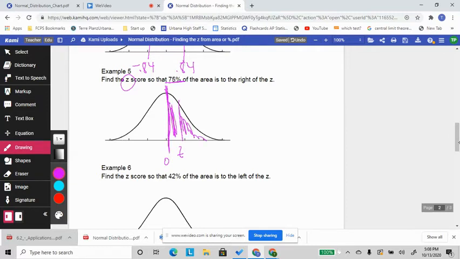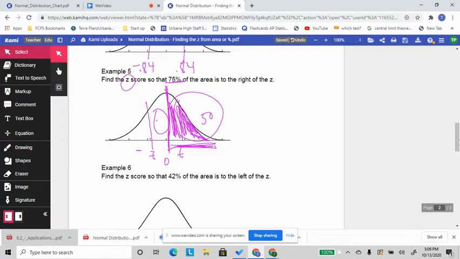The biggest amount I can get, if my z is on this side, or if it's even at the mean, to the right of it is 50%. So the z has to be down here, so I can get the 50 plus another piece. So we're going to be looking at a negative z. Okay, so we're going to be looking at the negative side.